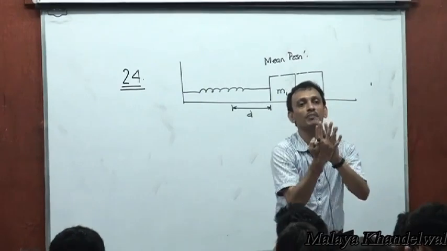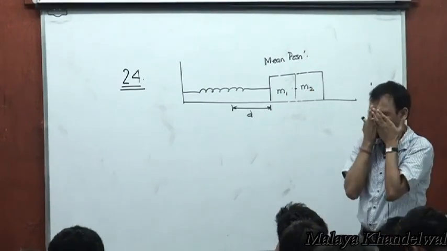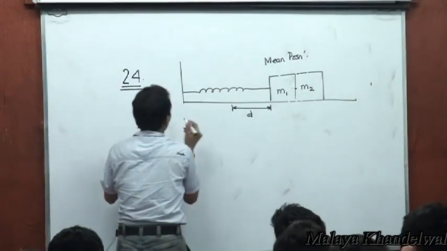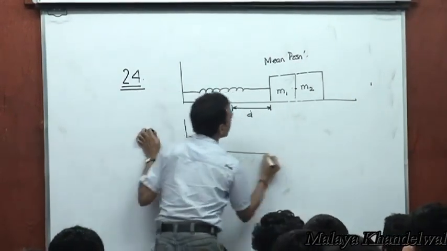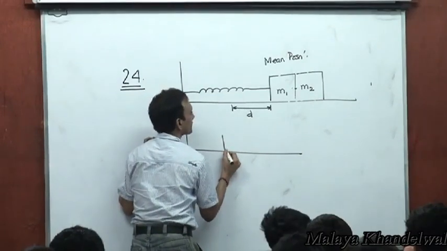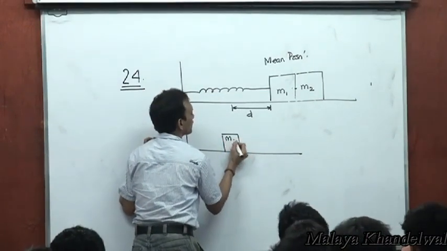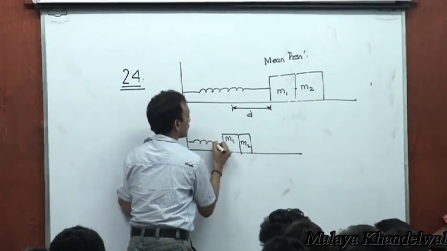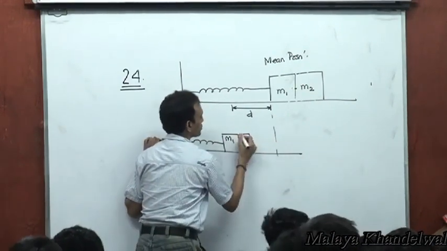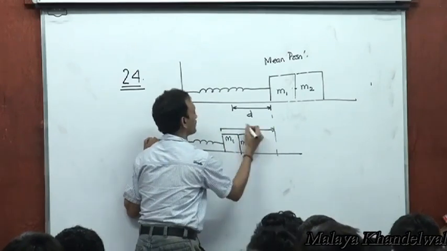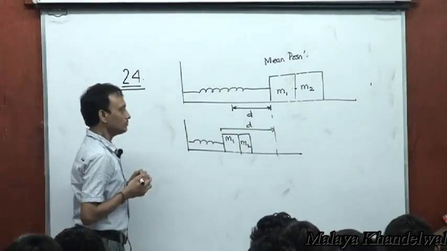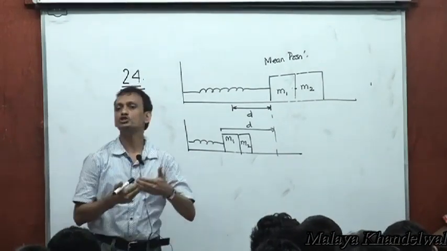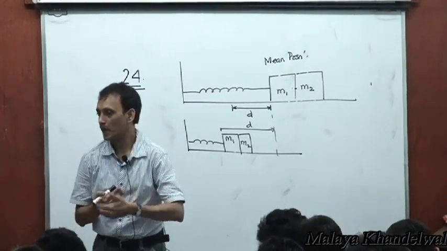Now, once the spring got deformed by an amount d, this is like m1 and m2. The energy stored in the spring is half k d squared.